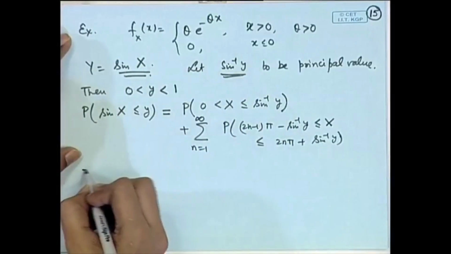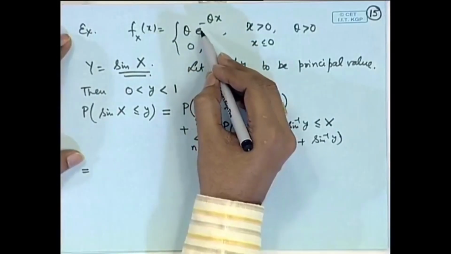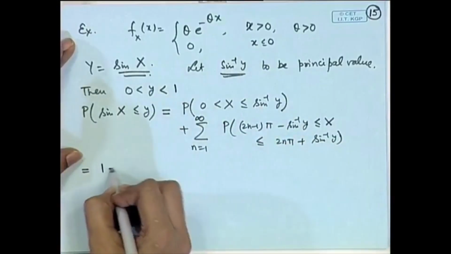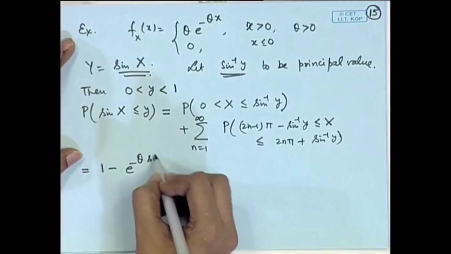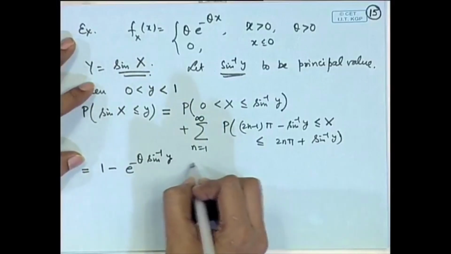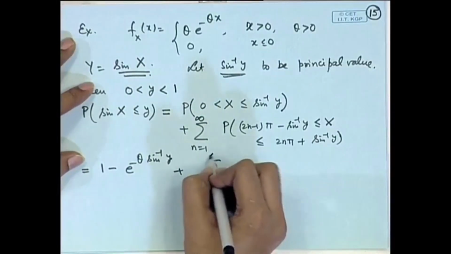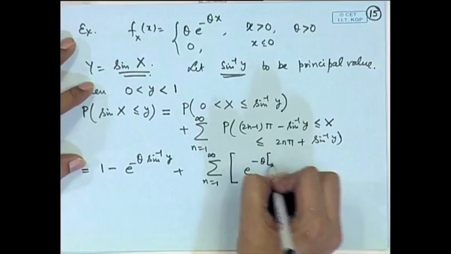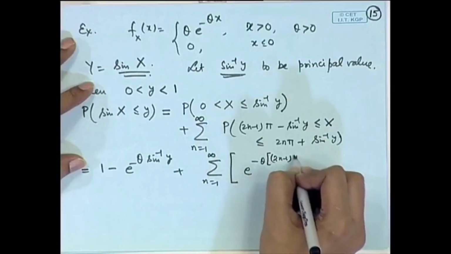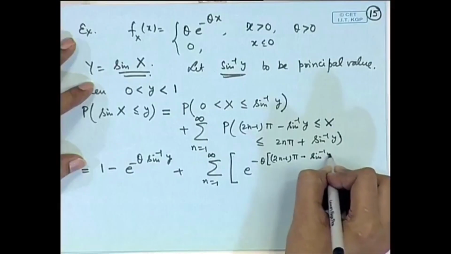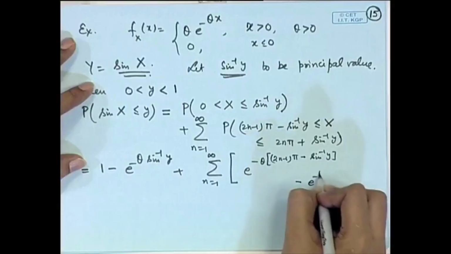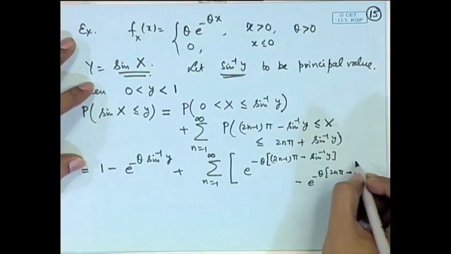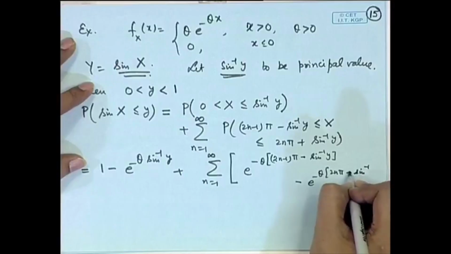So, now this probability, using the exponential density function, probability of x lying between 0 to sin inverse y is 1 minus e to the power minus theta sin inverse y plus summation n is equal to 1 to infinity e to the power minus theta 2 n minus 1 pi minus sin inverse y minus e to the power minus theta 2 n pi plus sin inverse y.